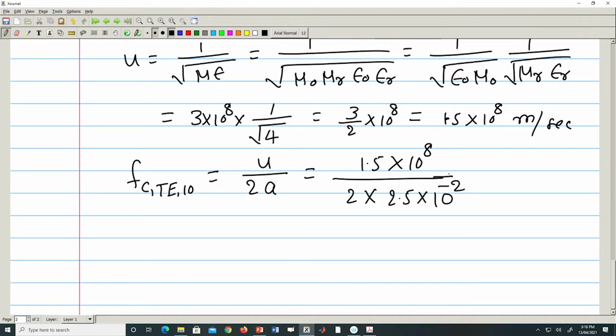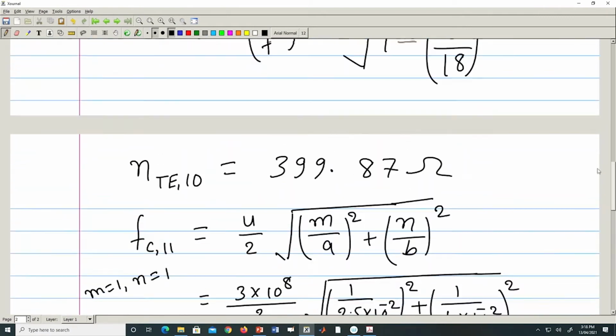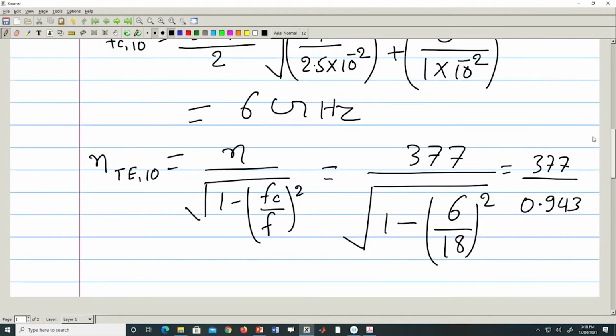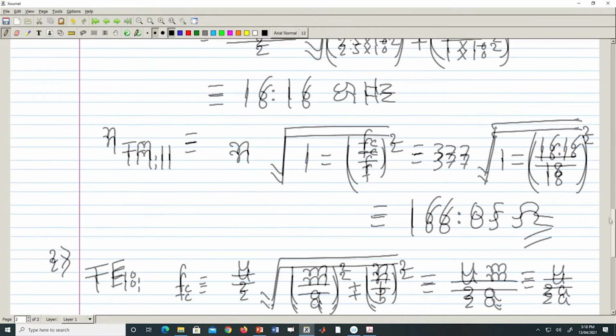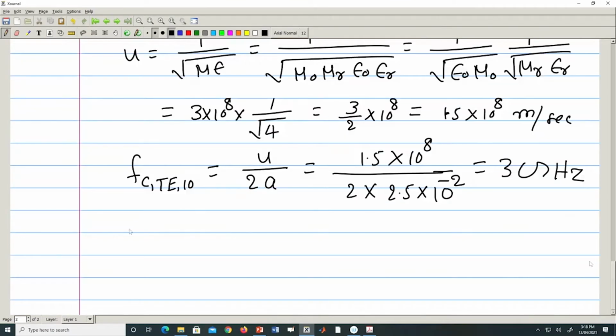Fc for the TE10 mode is 3 gigahertz. Then the wave impedance eta TE10 will be eta divided by the square root of 1 minus (Fc by F) whole square.